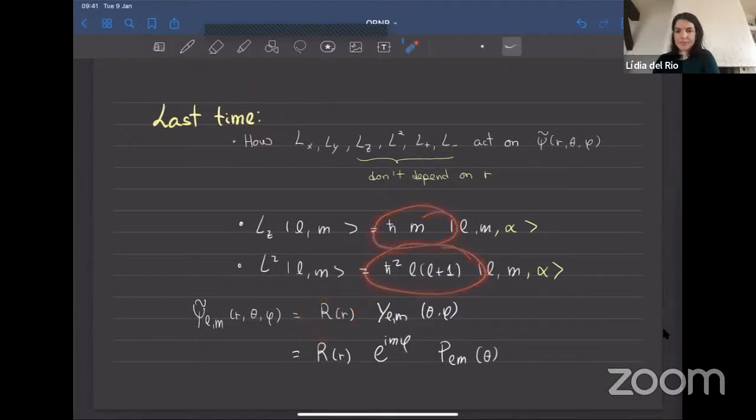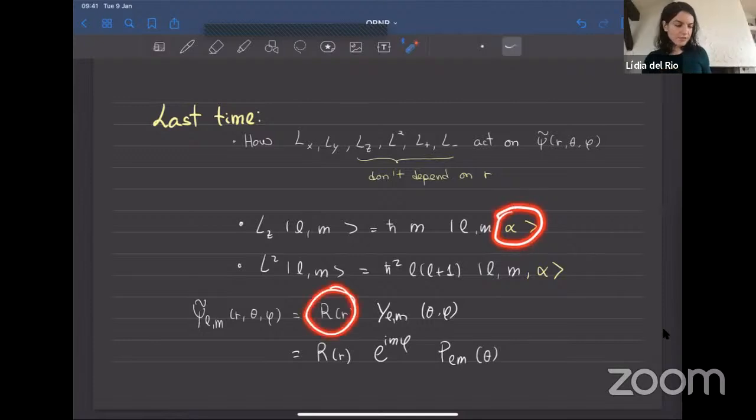Just like when we first talked about generalized spin, there are aspects of the eigenstates that don't affect the eigenvalues, and then there's some degeneracy. This will be useful now when we talk about specific potentials, because then we'll see that it actually depends on here.